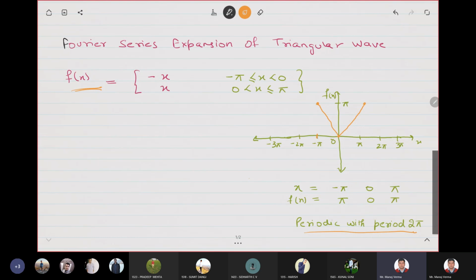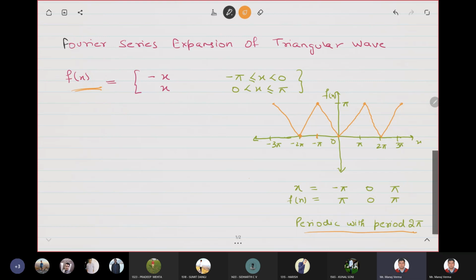I can draw this function again in the neighboring ranges like this. And from pi to 3 pi, again it will behave in a similar fashion. So this function is actually creating a triangular wave.